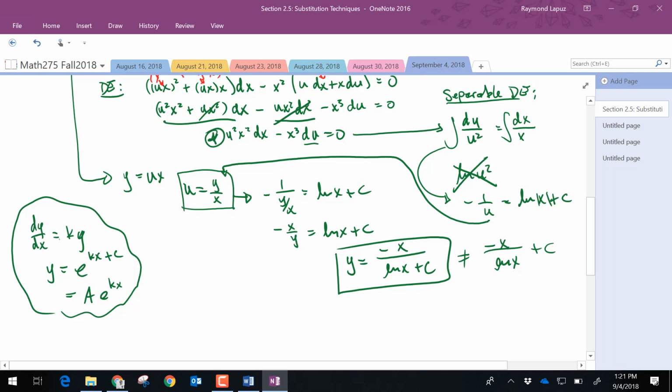So it didn't become e to the kx plus c on the outside. And so keeping track of where your plus c is important, because that could give you a different answer and therefore a wrong answer if you put it in the wrong place. Okay, it's a good question.